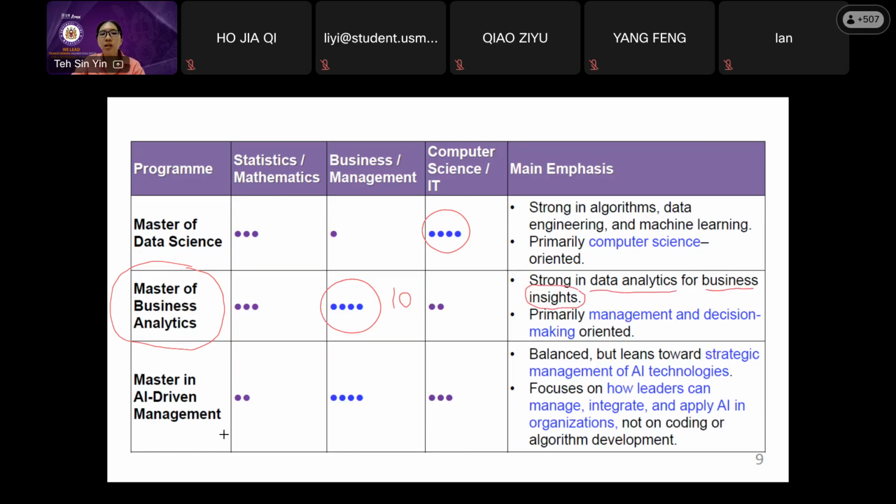What about the new program that I mentioned just now? The core element is still business and management, but they focus more on AI technology compared to the statistical modeling and mathematical modeling part. It is balanced, but it leans toward the strategic management of AI technology.